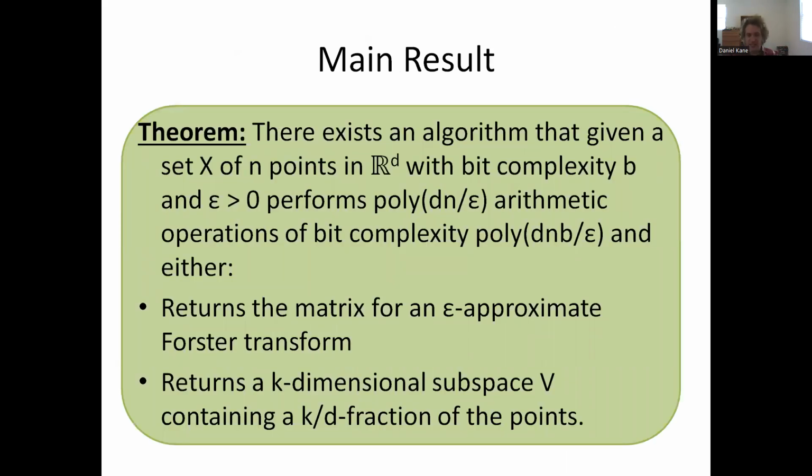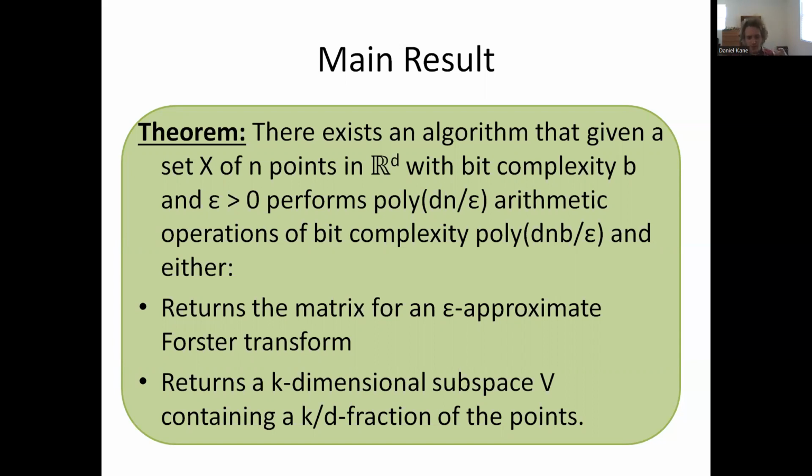So we show that there exists an algorithm that, given a set X of n points in R^d that each have bit complexity b and a parameter epsilon bigger than 0, performs poly(d, n, 1/epsilon) many arithmetic operations, so no dependence on the bit complexity. The bit complexity of these operations is poly(d, n, b, 1/epsilon).